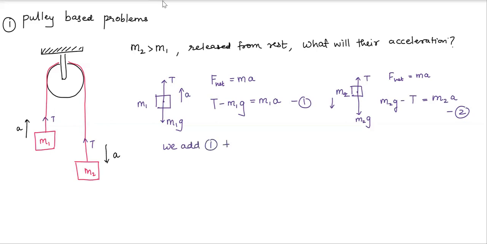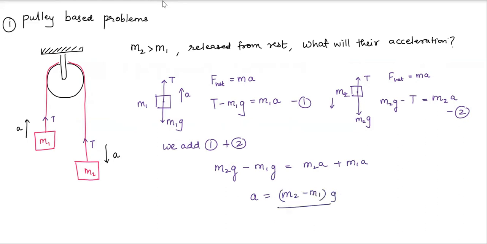equations 1 and 2, we can eliminate the tension, and what we get is m2g minus m1g is equal to m2a plus m1a, which we can rearrange and rewrite as a equals (m2 minus m1) times g divided by (m2 plus m1).